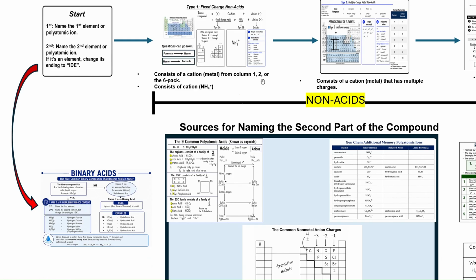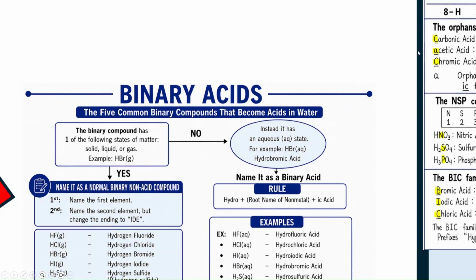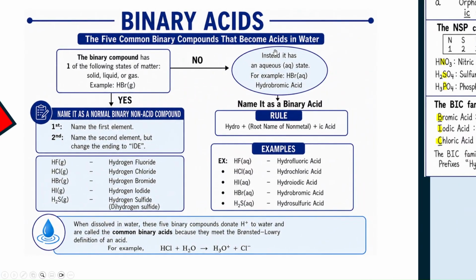The start box also branches downward to binary acids. These compounds are handled differently from the non-acid compounds. When a binary compound that forms an acid is dissolved in water, it is named as an acid using the binary acid naming rule, which is seen here.